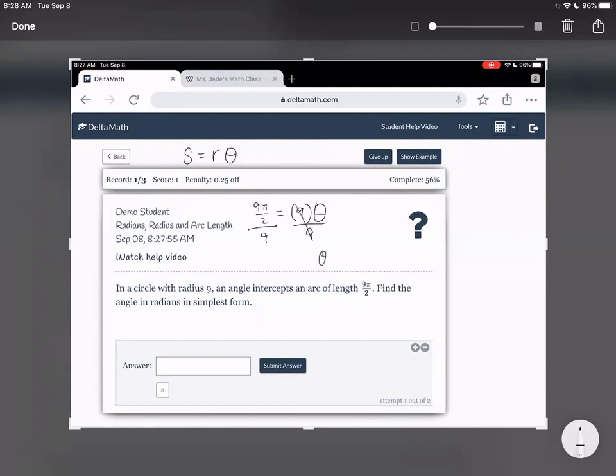Then you get theta all by itself, and then this will be 9 pi over 18, which is, of course, simplifiable. Let's divide both the top and bottom by 9. Let's write it over there. You get pi over 2. Does anybody have questions on this one?